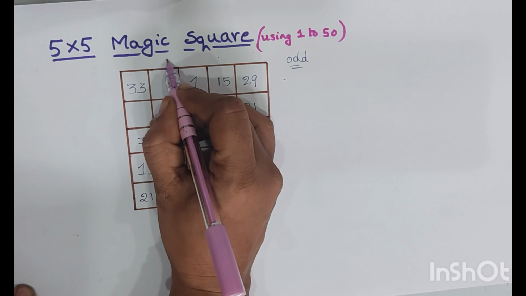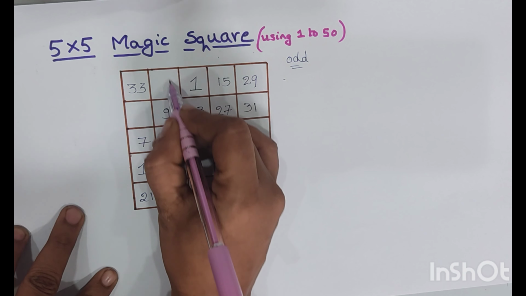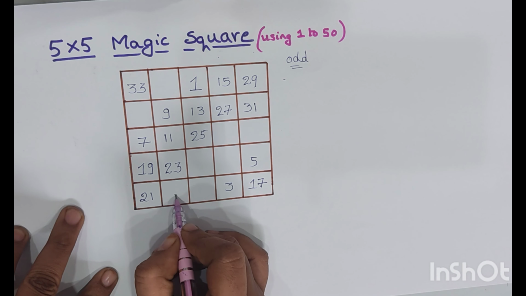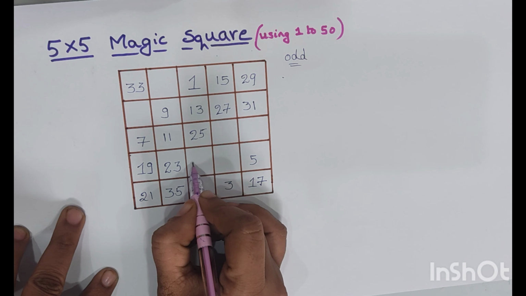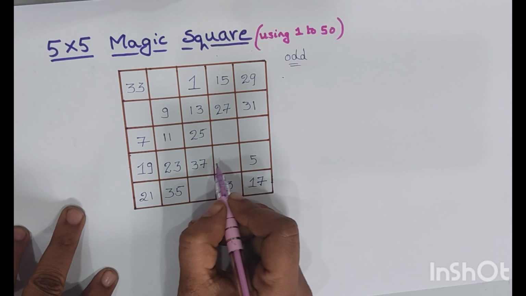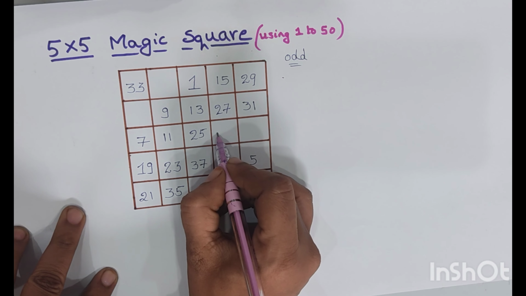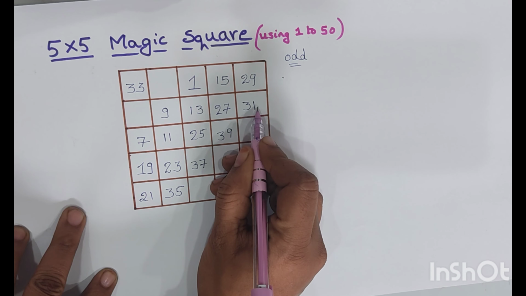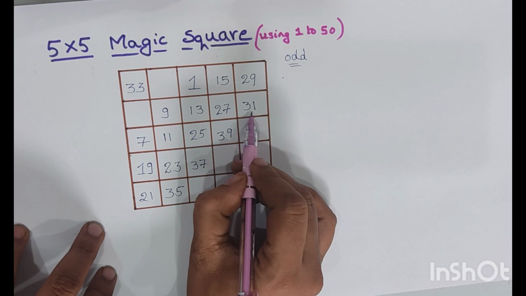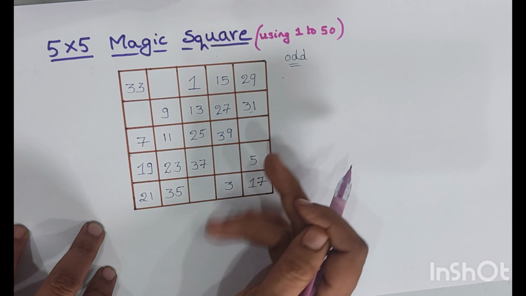For 31 also there is no diagonal box, so we write extreme left, and for 33 also there is no diagonal box, so we write 35 in the extreme down.